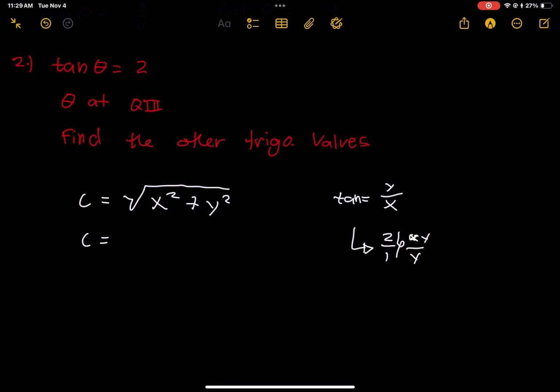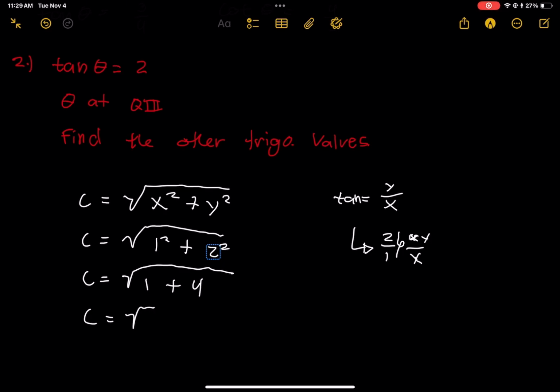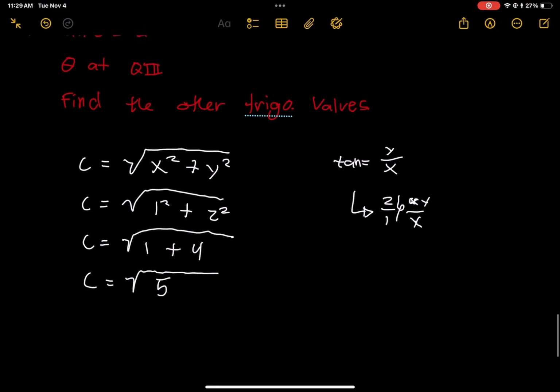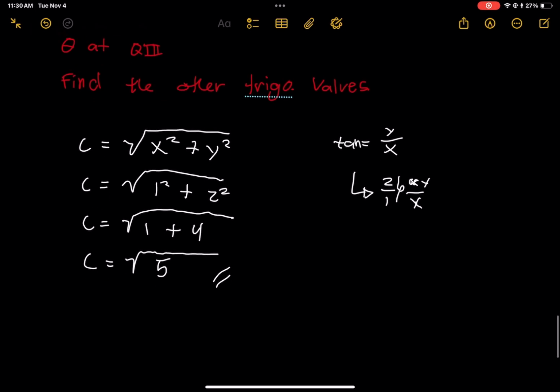Now, substituting the value, we will have the square root of 1 squared plus 2 squared. 1 squared is 1 and 2 squared is 4. Now, adding, we will have the square root of 5. So, therefore, our value of c is the square root of 5.